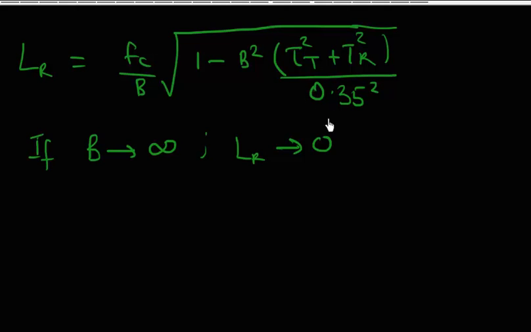Now, look at this formula. When B is going towards infinity, I'm talking of B maximum now, the highest bandwidth, right? If the bandwidth is increasing to maximum, what should happen to L? L will be going to 0. If this number is getting big, FC is whatever, I don't care.